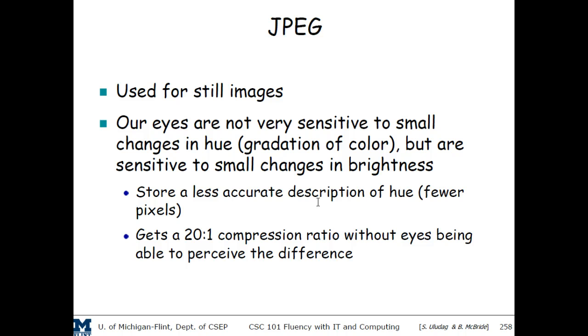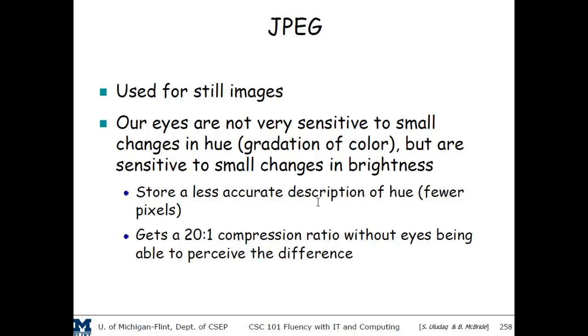JPEG, which stands for Joint Photographic Experts Guild, is a lossy compression algorithm used on still images. The idea is that small changes in hue or gradation of color are not noticeable by our eyes.